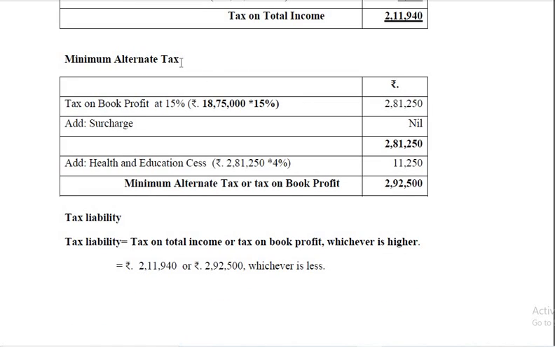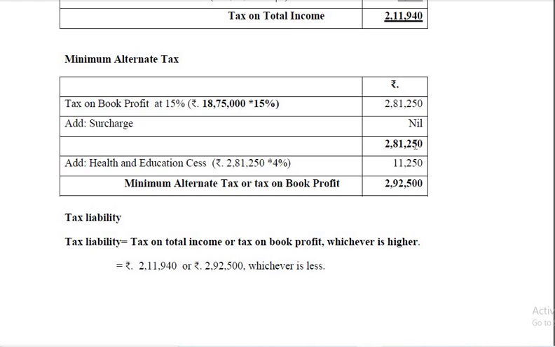Now I come to MAT, minimum alternate tax, in other words, tax on book profit. So tax on book profit is at 15% on what? On book profit, 18 lakh 75,000. That comes to 2 lakh 81,000. Then surcharge is not applicable because the book profit does not exceed 1 crore.